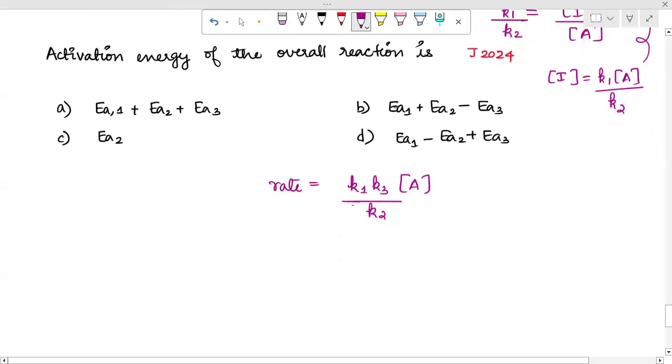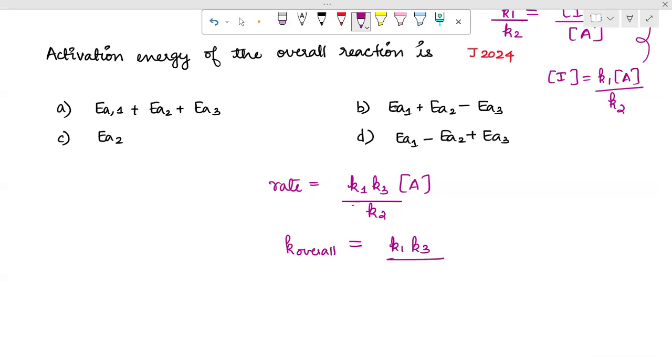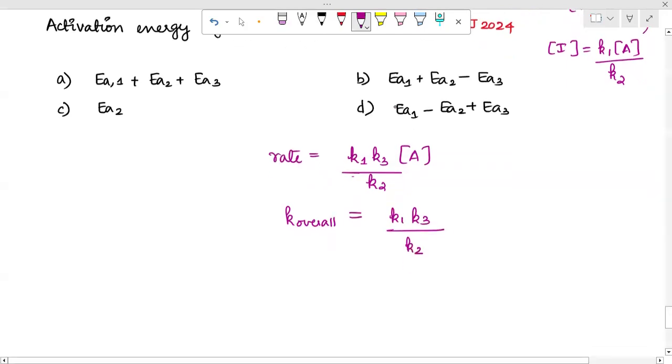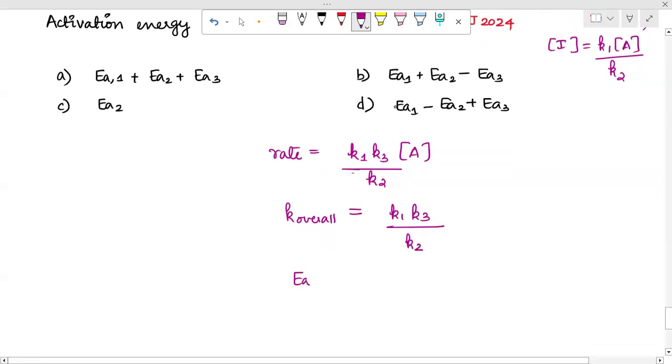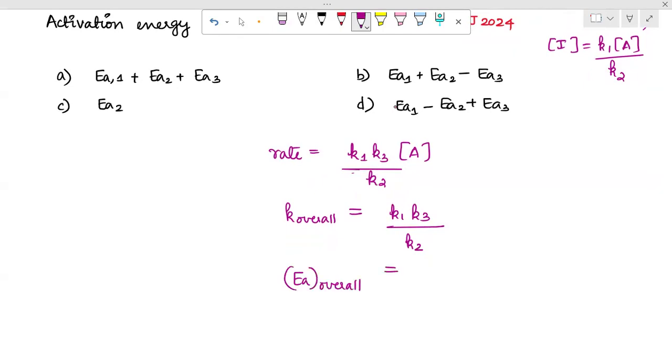Very easy. So what is your overall rate constant of the process? K1, K3 by K2. So if this is your rate constant, how do you write the expression for the overall activation energy? Wherever there is multiplication, that will appear as plus in the overall reaction. Wherever there is division, that will appear as minus.